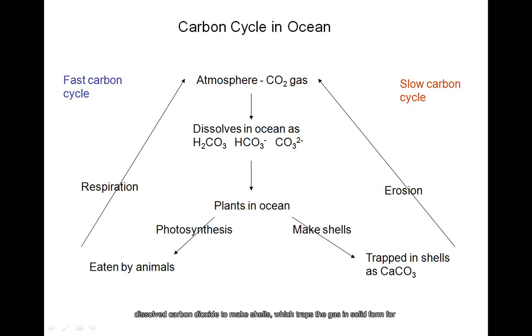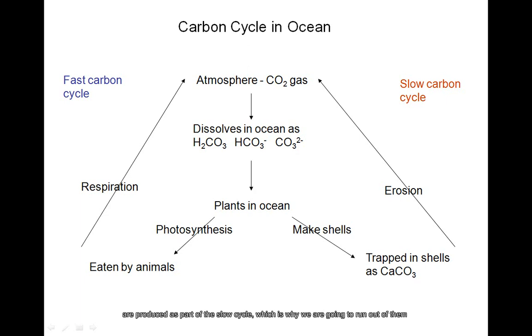Or, secondly, marine organisms use the dissolved carbon dioxide to make shells, which traps the gas in solid form for potentially millions of years in the slow or geological carbon cycle.